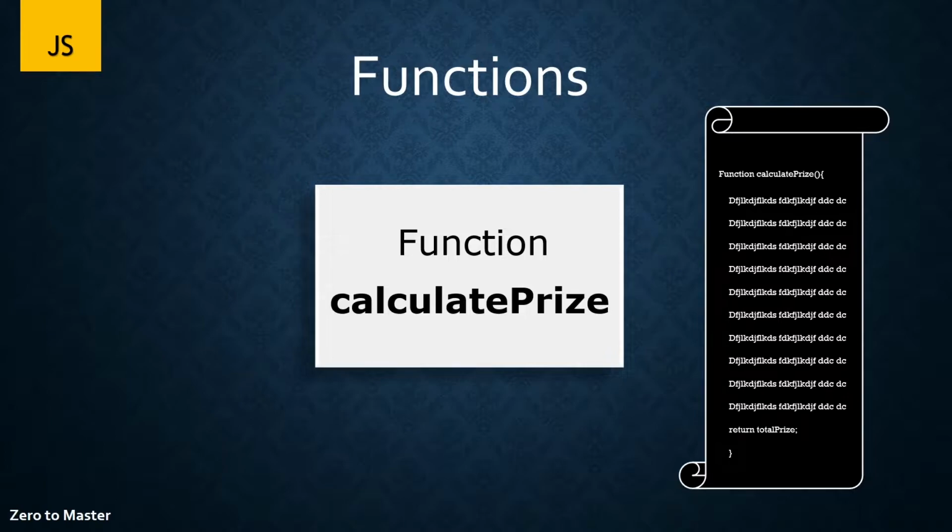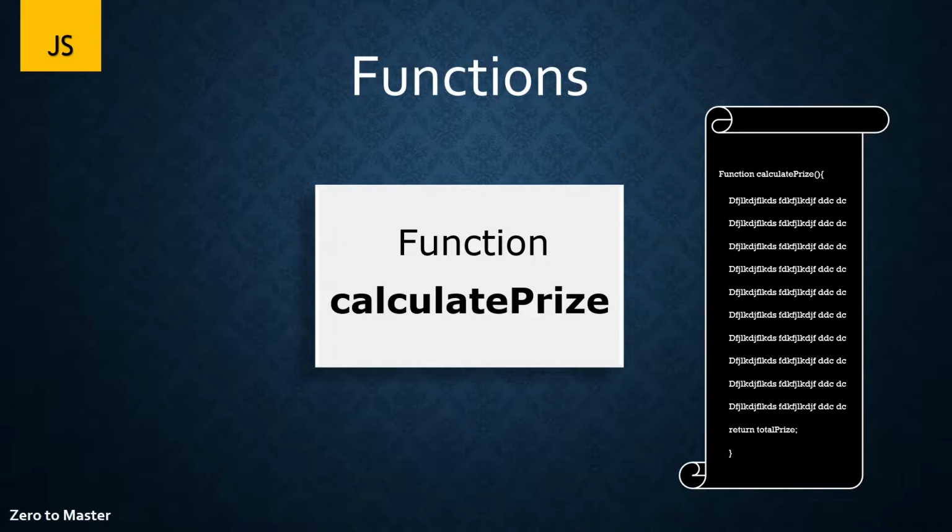Now, if we really want to go deeper into the calculate price function, you would see all of the lines of code, all of the algorithm that calculate price has to execute before we get the actual price.